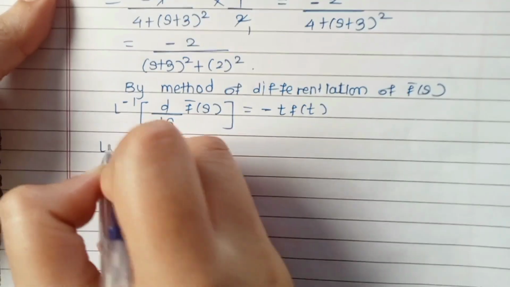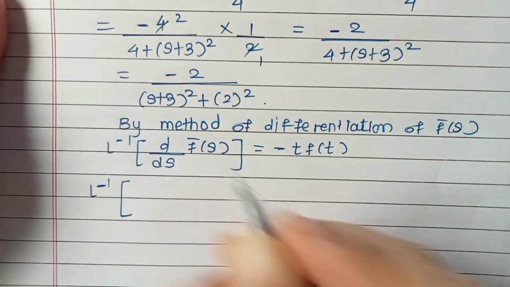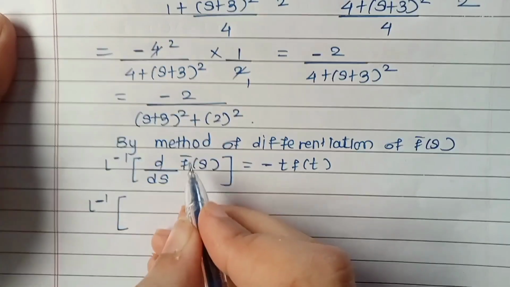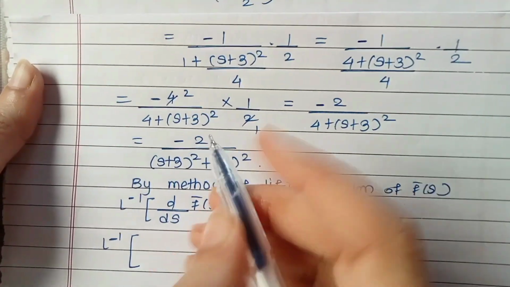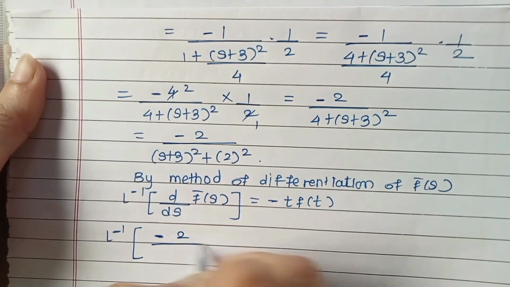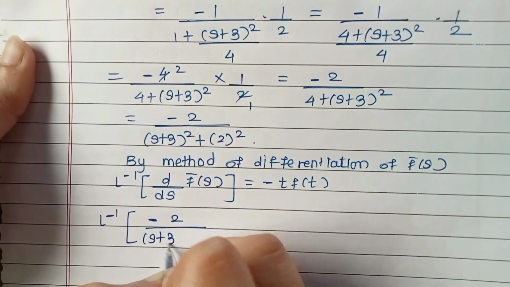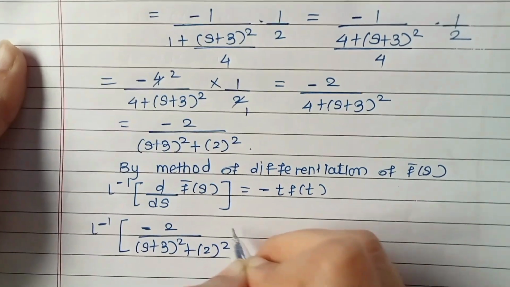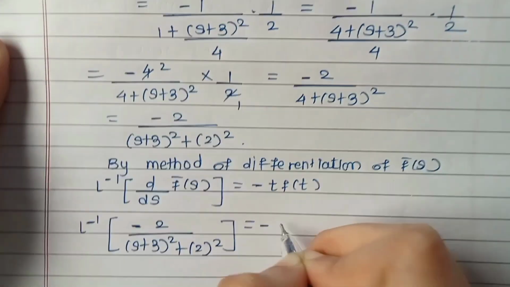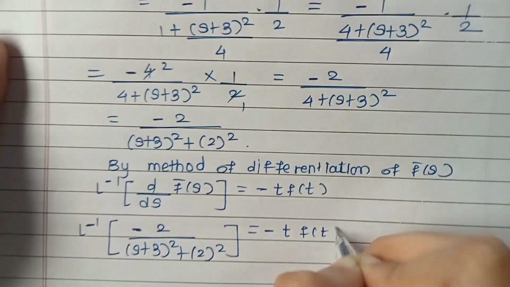So here what we have found is the derivative of f bar of s with respect to s. The value we got is minus 2 upon (s plus 3) bracket square plus 2 square, is equal to minus t f of t.